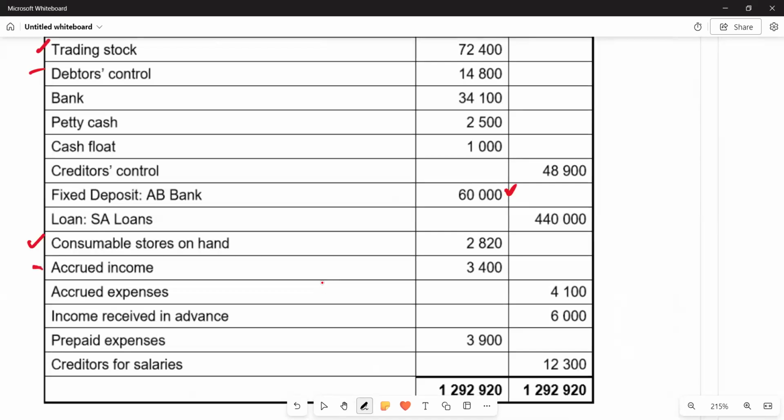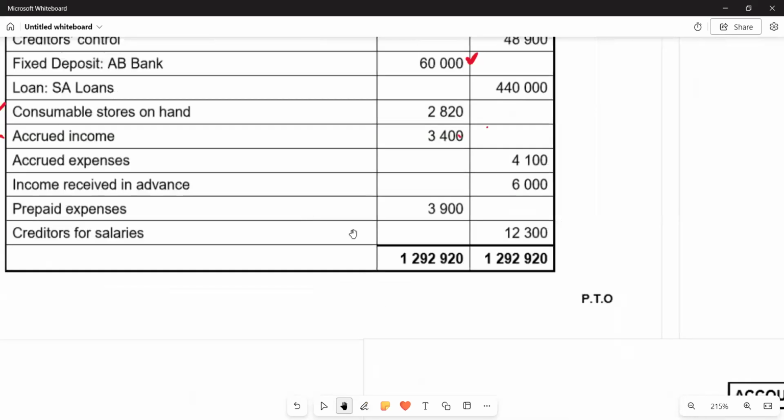We add accrued income 3,400. And then we see another, a prepayment of expenses, which is 3,900. So we are saying 3,900 plus 3,400 plus 14,800 is trade and other receivables. So we go there and summarize as such.